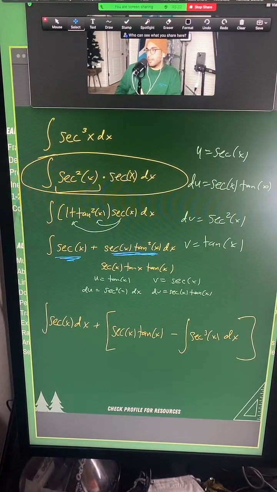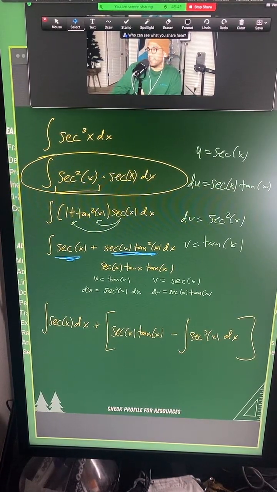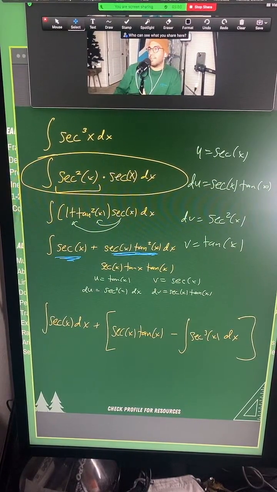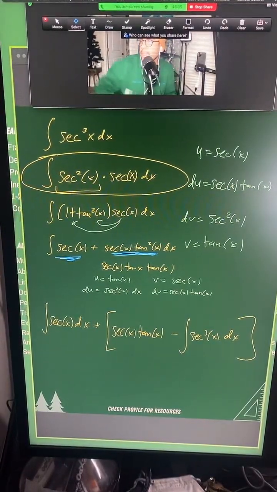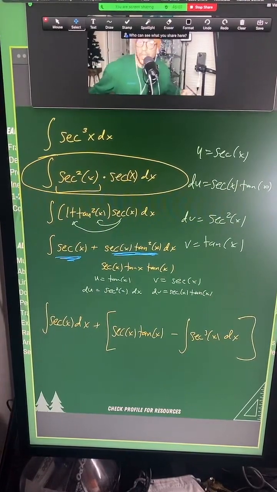Okay. No, Irvin, we're not giving up. Okay, so you're saying our u should be secant squared x? Okay, I tried the integration by parts.